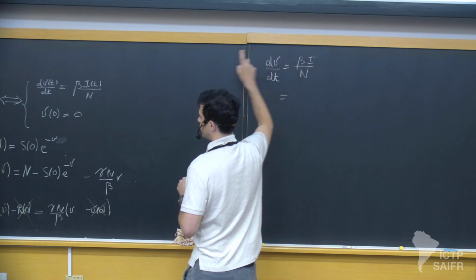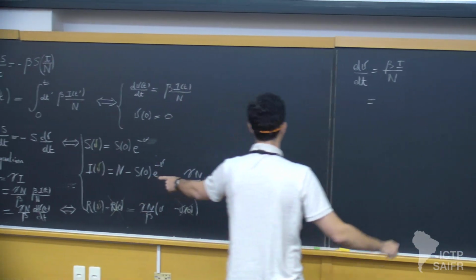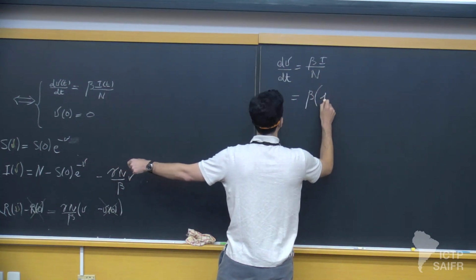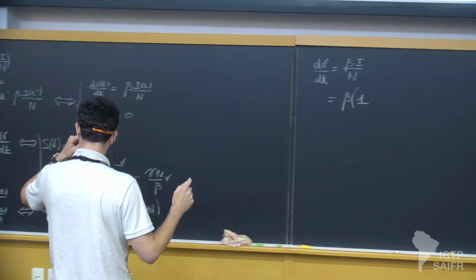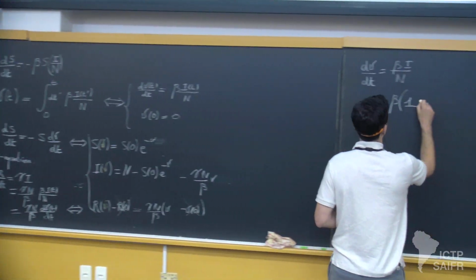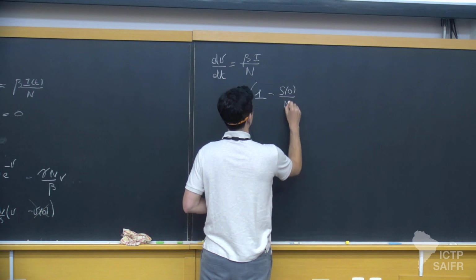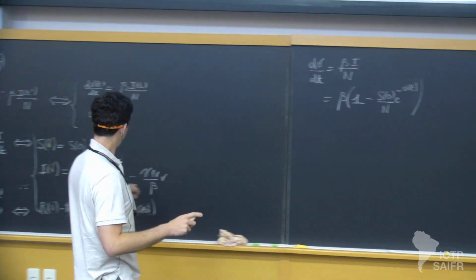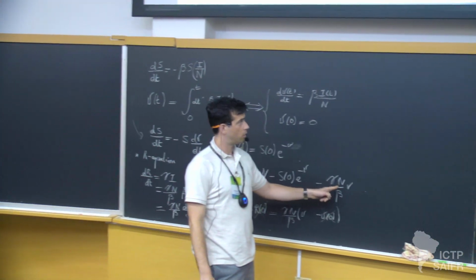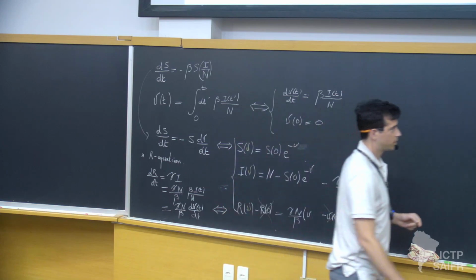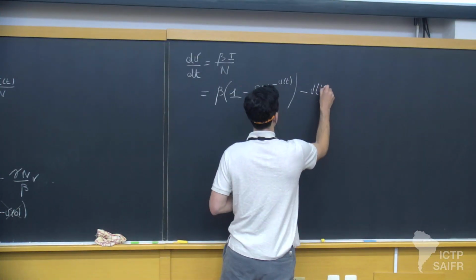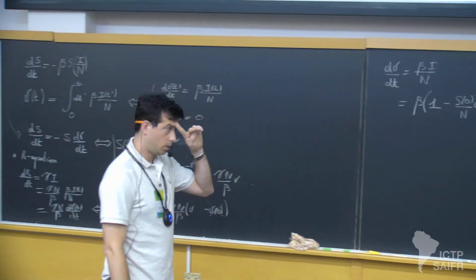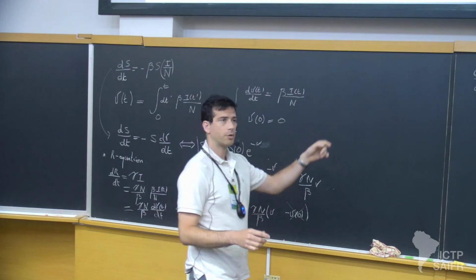Now if I substitute I by what I found here, it's equal to beta, so the n from there is 1, and then I have minus S0 over n exponential minus nu of t, and then this term here for the R. So beta over n times this is just going to give you minus gamma nu. This is a differential equation. So if you want to get the link between nu and t, you integrate that.